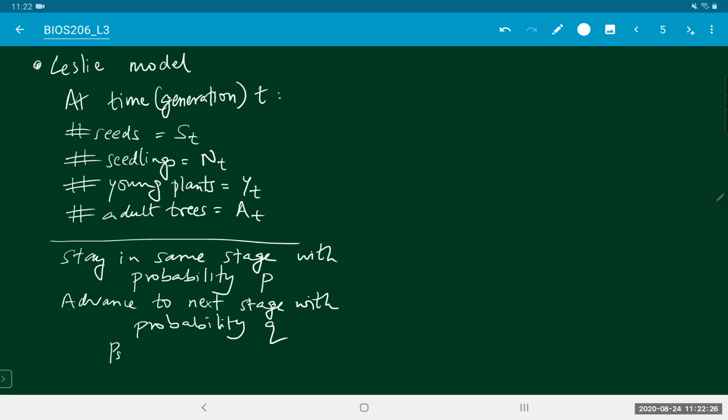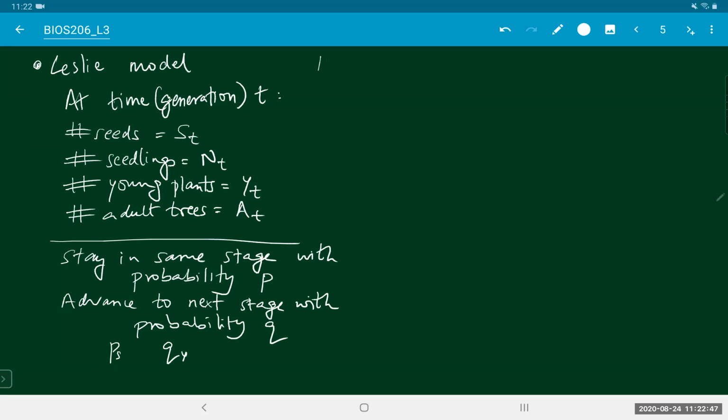What is the probability that a young plant grows up and becomes an adult? That is Q_Y. And these are some numbers that, let's say, are known to you, based on various experiments.